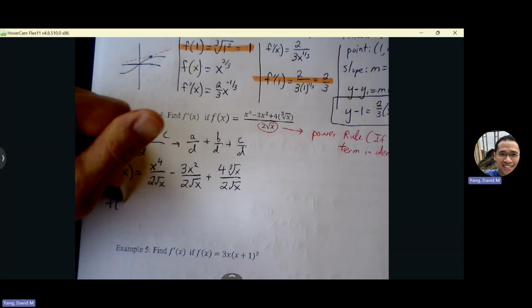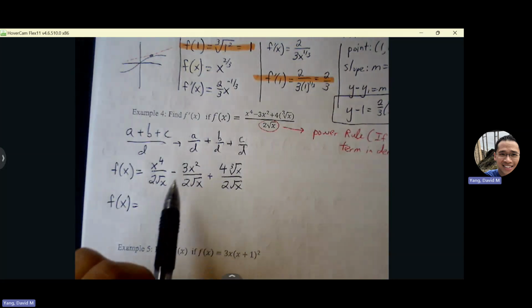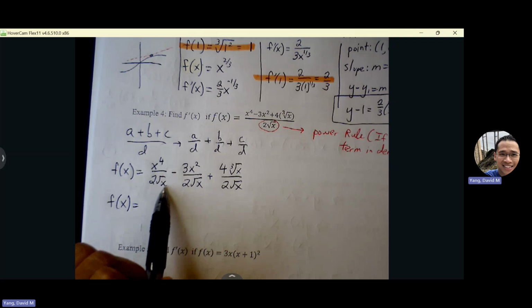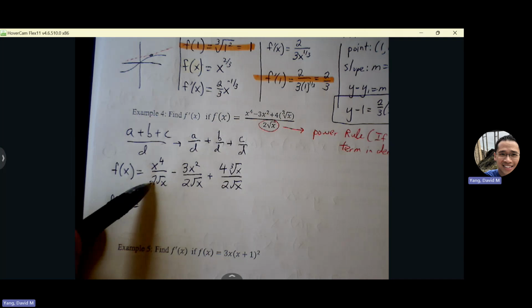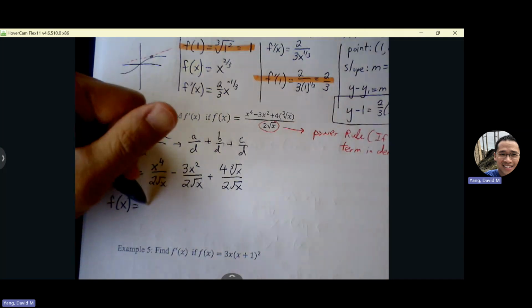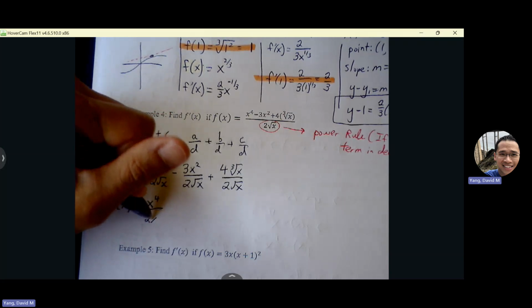But the cleanup is significant because there are a couple of things that we have to resolve. One is radicals, and second, these variables have to merge. We can't have numerator power rule, denominator power rule, so we have to find a way to merge these x's. So let me do this: x to the fourth over 2x to the 1/2.